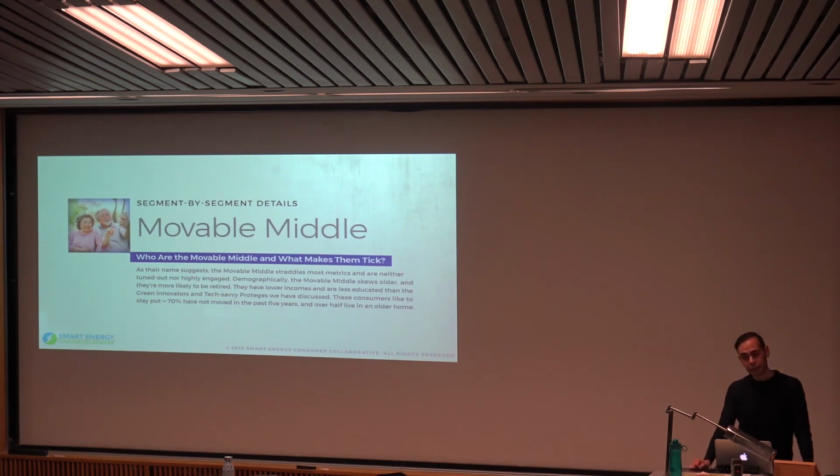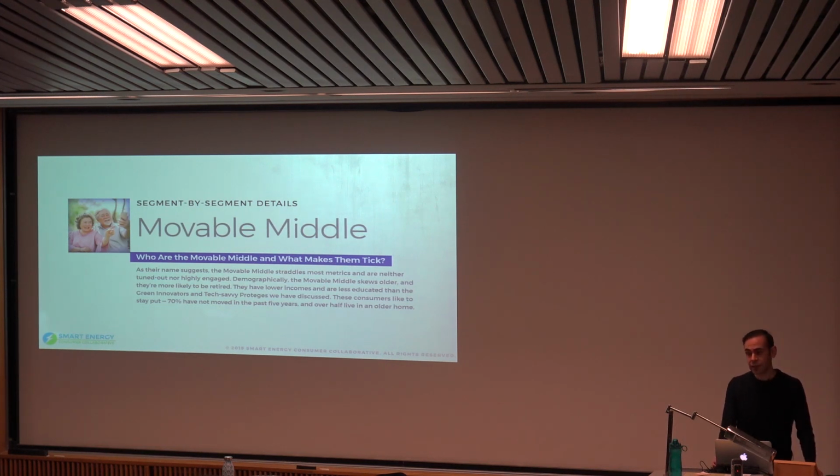Then we have the movable middle. They are not very interested in energy savings. They're more cautious about everything in general, so they need to be convinced. So if you convince them, you can move them, and that's why we have this label for them of being the movable middle.